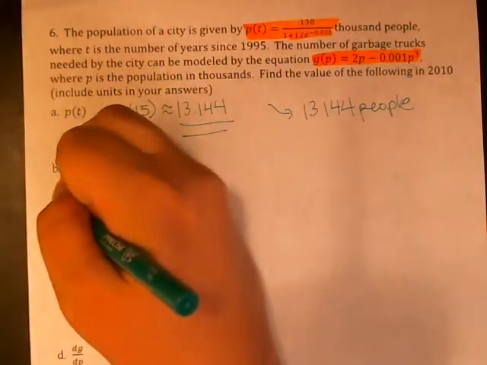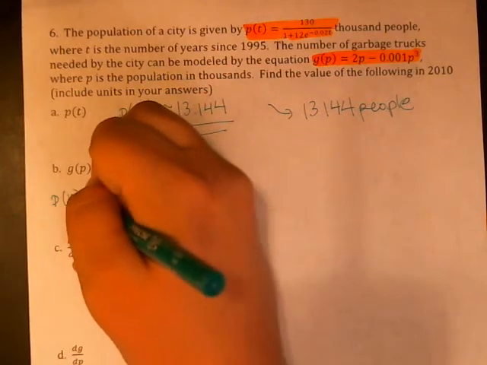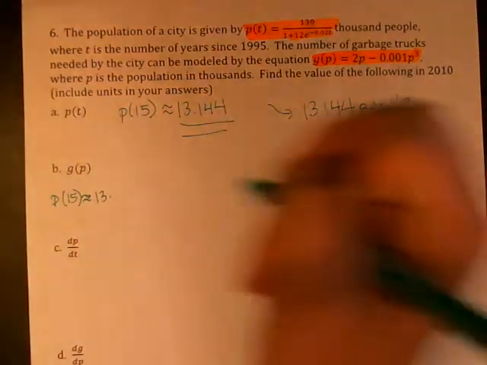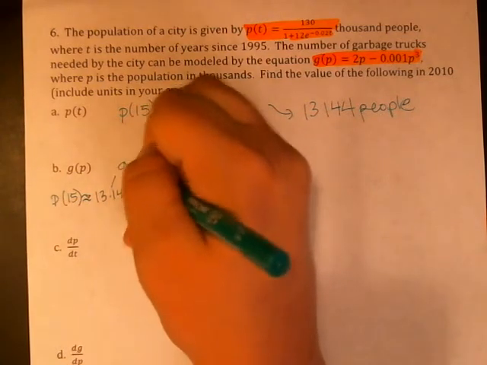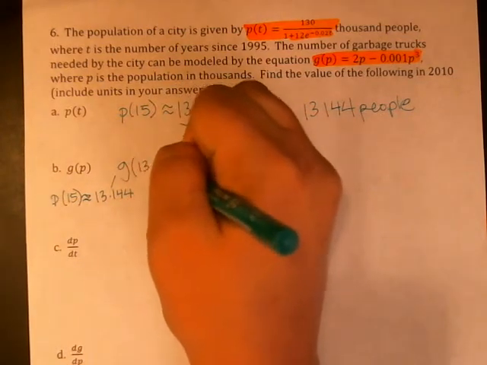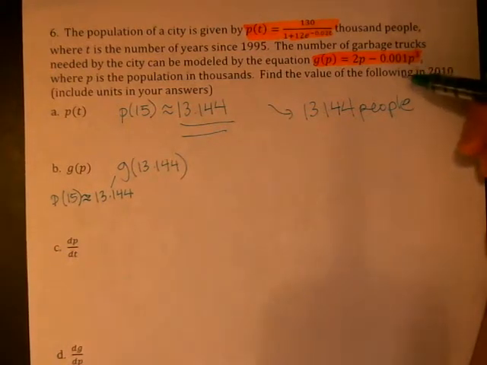So really we would first want to say that P of 15 is about 13.144. And then we could say G of 13.144. And again, this becomes a not super exciting calculator problem.